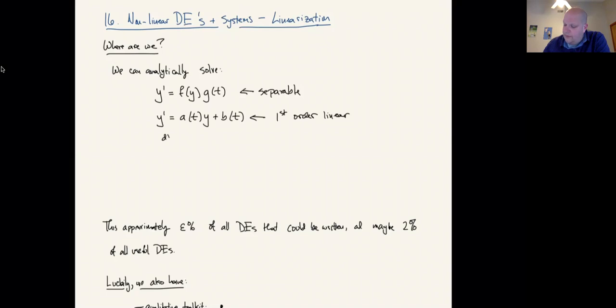The third type of equation we know how to solve analytically is our plain old linear system. And that was a big topic for us maybe a couple weeks ago. So we know how to solve this thing.